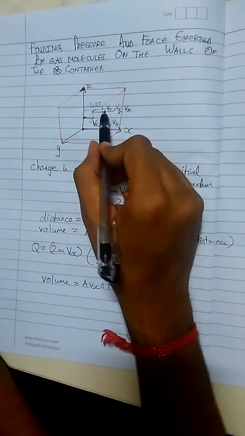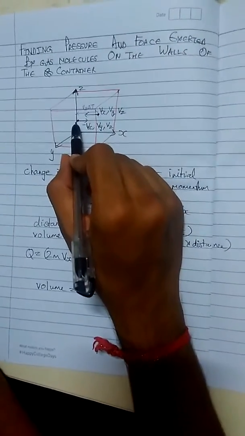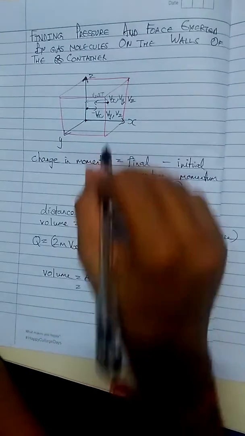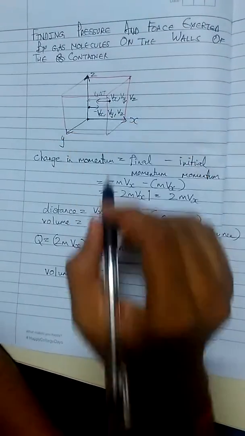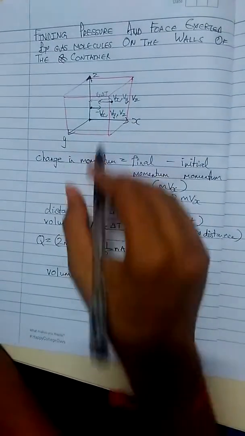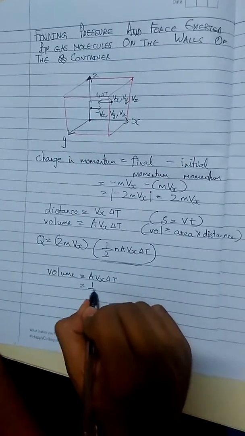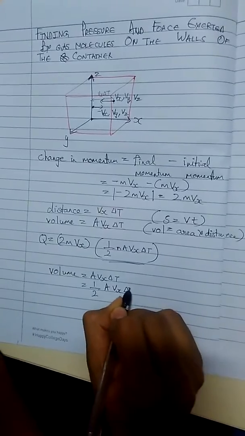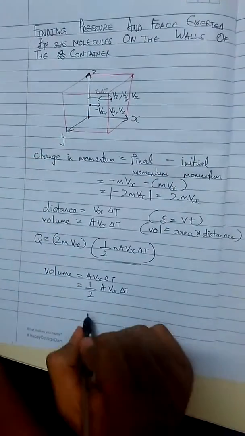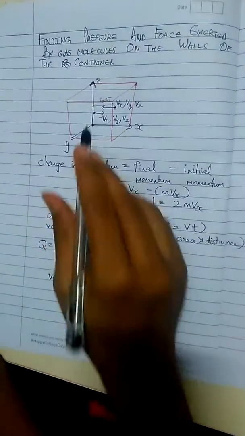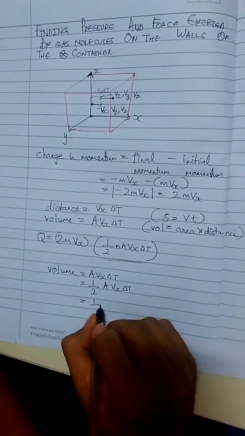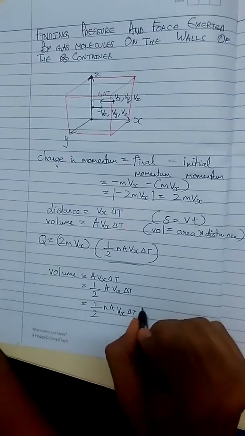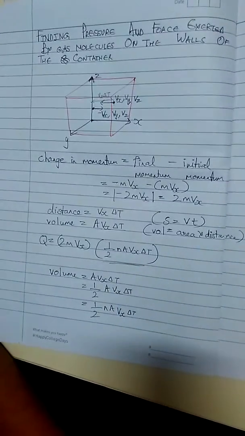Since half of the molecules are moving towards the wall and half are moving away from the wall, we always take positive values for calculation purposes. So we write half A vx delta t, as half the molecules are moving towards the wall. As n molecules per unit volume, we write half n A vx delta t, which I have put in this equation.